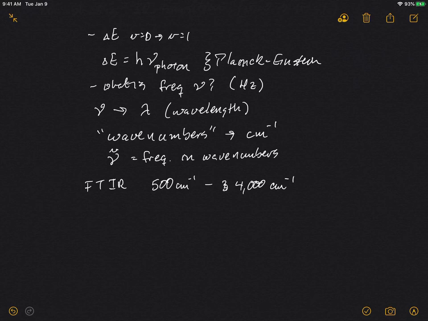Oh yeah, the conversion. So wave number is a special spectroscopic unit, and the unit is defined more based on the fact that infrared spectrometers typically had gratings in them, and the gratings had a certain spacing associated with them.